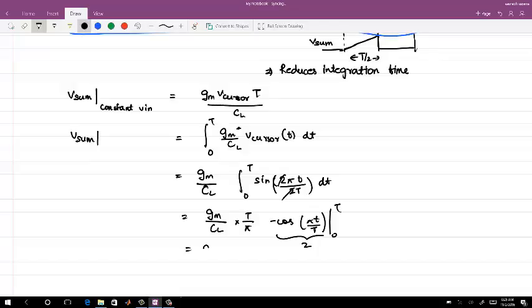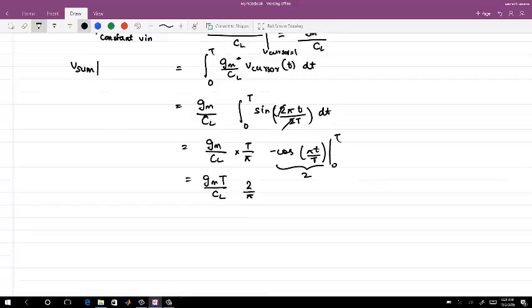So you have Gm. Let me just say here V cursor is equal to 1 amplitude, GmT by CL, if V cursor is 1. Just normalize it. So let me just write V cursor equals 1 in this case. So you have GmT by CL into 2 by pi. Okay.